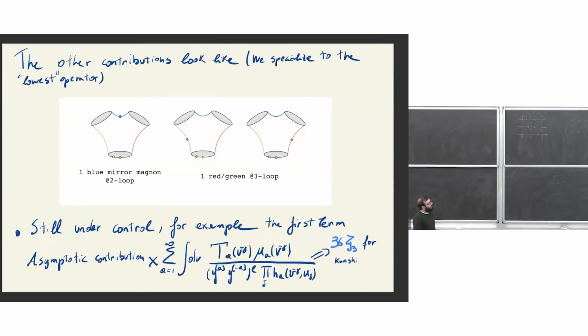Well, the idea now is that I specialize to some particular operator, which I call the lowest. We're in the SL2 sector, so this is something which has length 2 and spin 2. As I said before, it has a trace of a double derivative with z square. And I can have this, for example, at 2 loops.